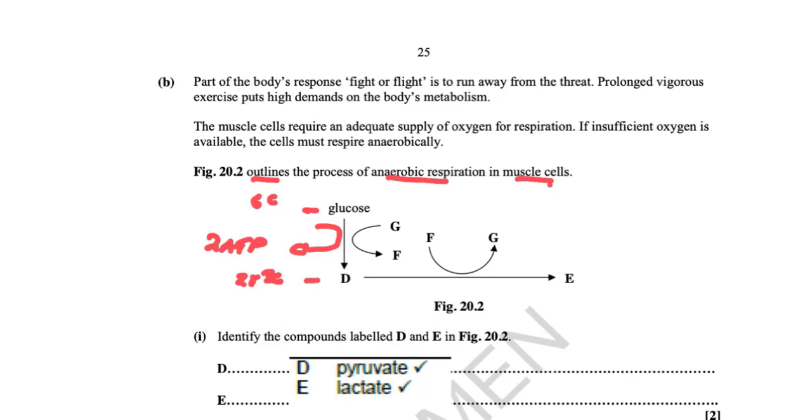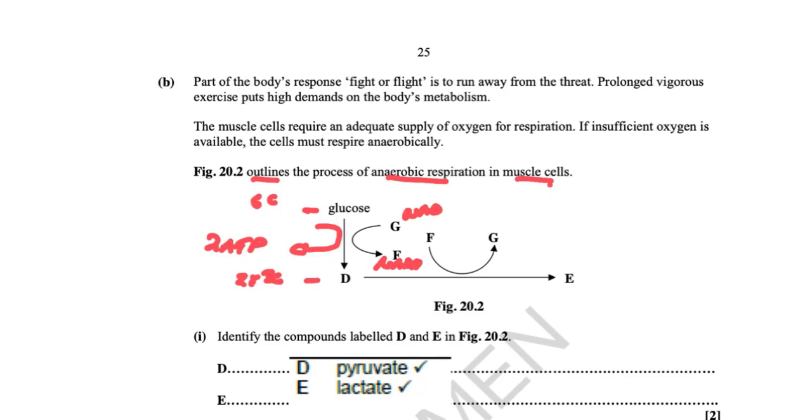Now that's then going to take an NAD, and that's going to be turned into an NADH. Now ordinarily that NADH would go off to the electron transport chain, donate the electrons and the hydrogens, which would go down the chain, join with oxygen to produce water. Unfortunately, you don't have enough oxygen, so you're respiring anaerobically.